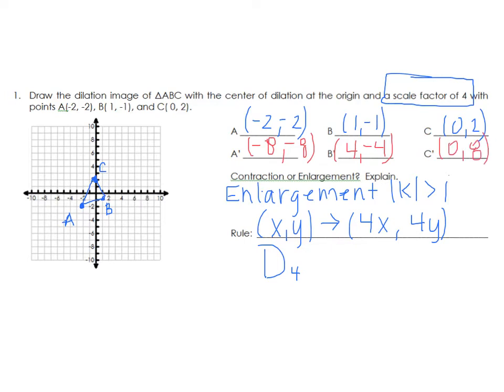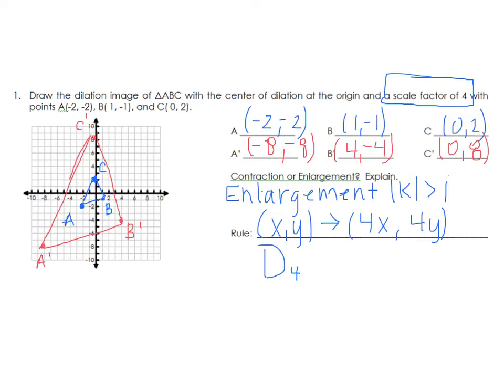And then what you're going to do is you're going to graph each of those points. So (-8, -8), there's your A prime. (4, -4) is B prime. And (0, 8) is C prime. And what you'll see when you connect these is that your triangle has now expanded.